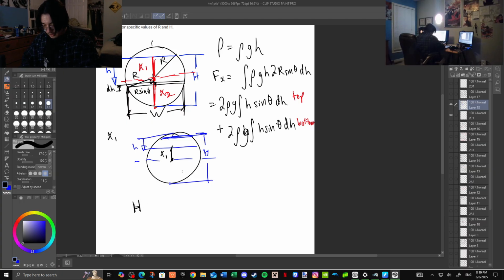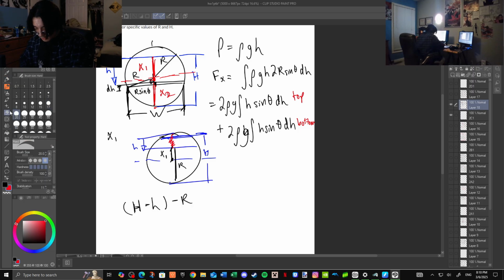In order to do that, we can say that this total height of big H minus little h minus the radius will give us x1. So we have big H, then little h. This takes out this portion of the end cap, and then minus r. Oh wait, I measured r from the wrong point. r goes from here to here, that's my bad.